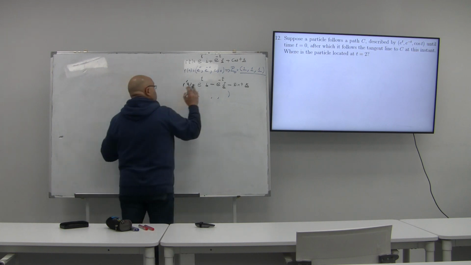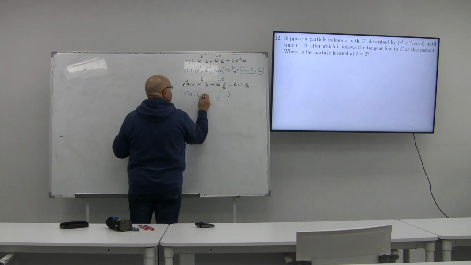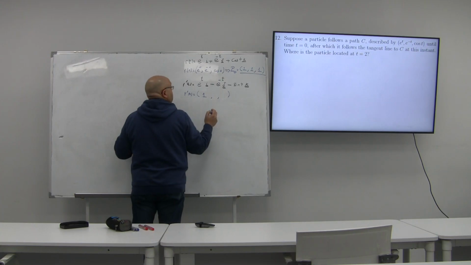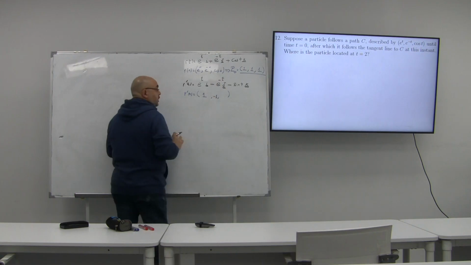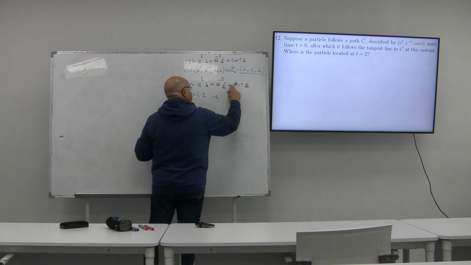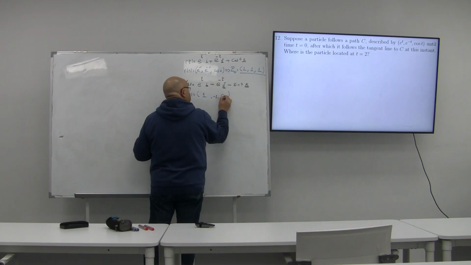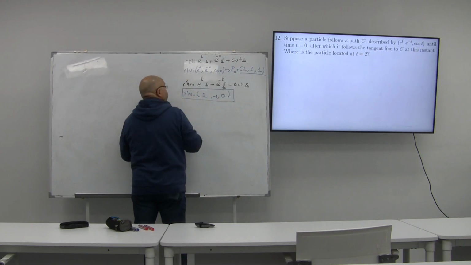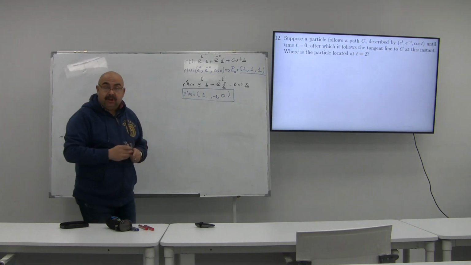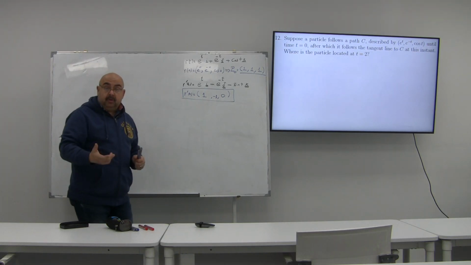So substituting, it is going to be e to the power of 0, which is going to be 1, then e to the power of 0, which is also going to be 1 times negative, so it's going to be negative 1, then minus sine of 0, which is going to be 0. Now I have the direction of this tangent line, and I have a point on this tangent line.